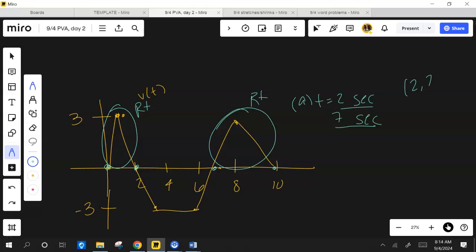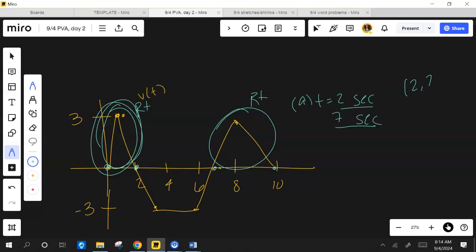Tell me what are you still talking about A? Yeah. So A says when does it reverse direction? So when does it change the way it's going? So at first he's moving right. So he's moving for 2 seconds, and then at 2 seconds he stops, and then he moves backwards from 2 to 6 seconds.